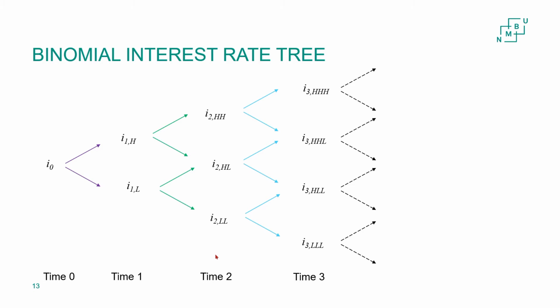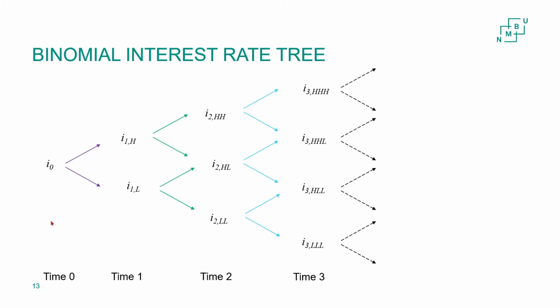Okay, so if you have cash flow at time 1, you use the I0 interest rate. If you have a cash flow at time 2, you use the time 1 interest rate to get the present value at time 1. And then you can further use the interest rate at time 0 to discount the present value at time 1 into the present value at time 0.